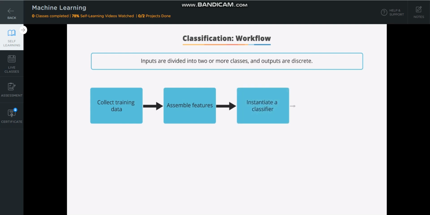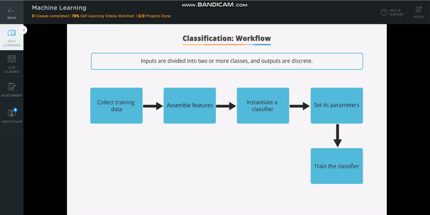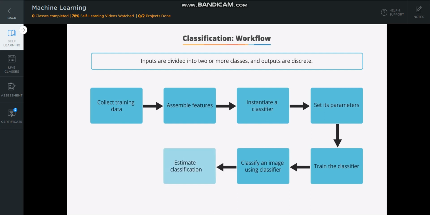Instantiate a classifier. Set its parameters if necessary. Train the classifier using the training data. Classify an image using the classifier model for prediction. Estimate classification error with independent validation data. Validate your algorithm with the classifier model and come up with a predicted label.